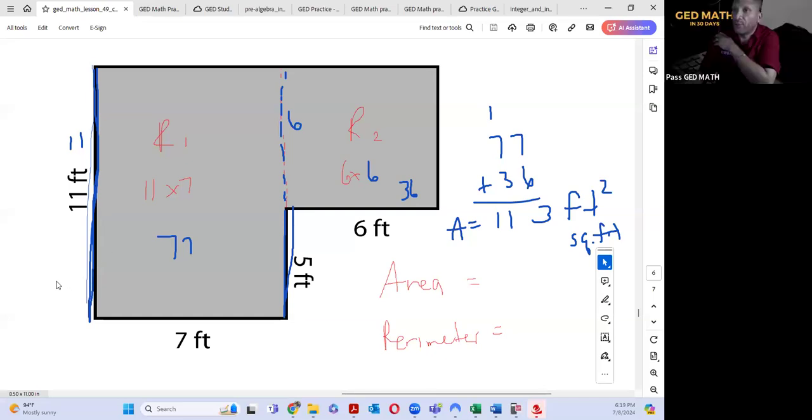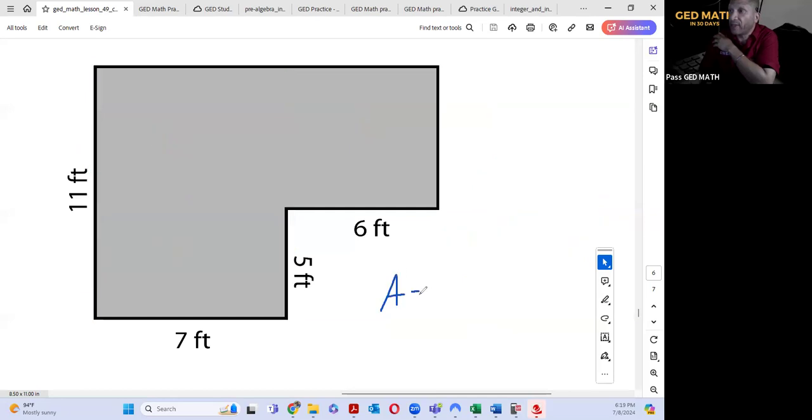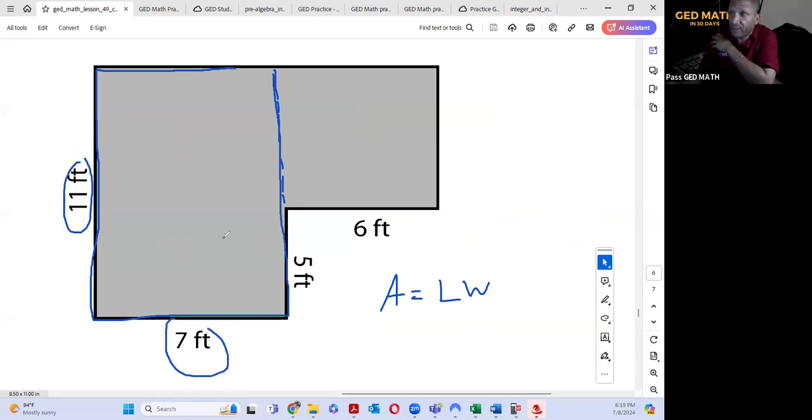So the first thing we must realize is that the area of a rectangle is length times width. So when you look at this first shape here, you see it's 11 by 7. So length times width is 11 times 7. Understand that? Okay.